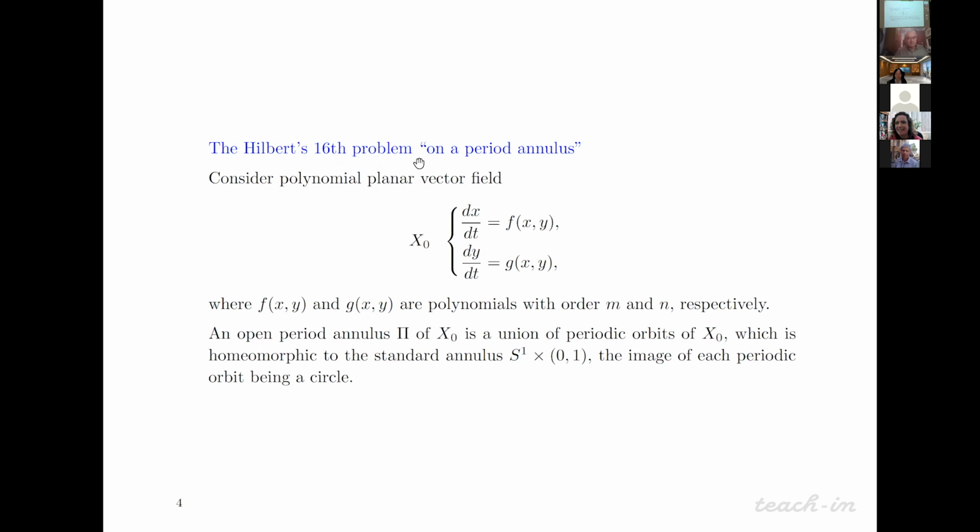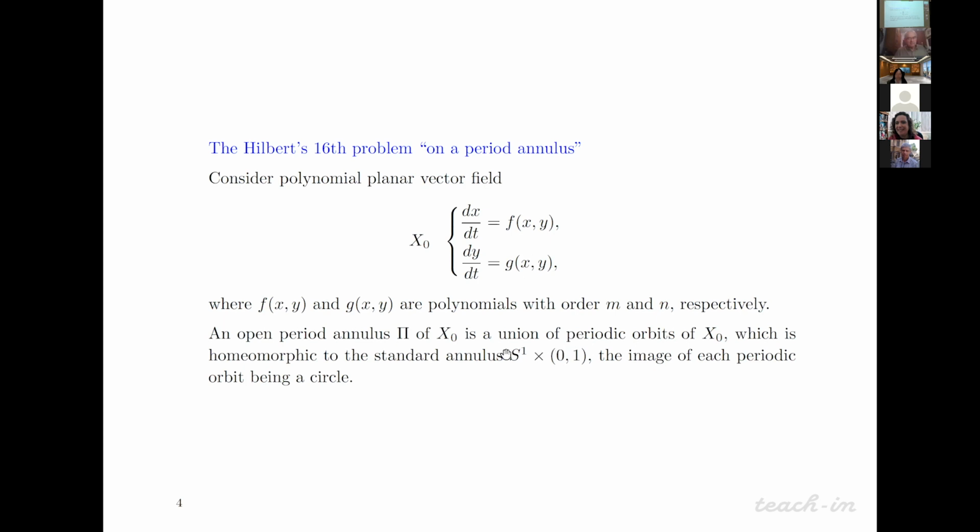This family of periodic orbits consists of the period annulus. For example, this planar vector field has a family of periodic orbits which can be homeomorphically mapped to the standard annulus, the circle times an interval.